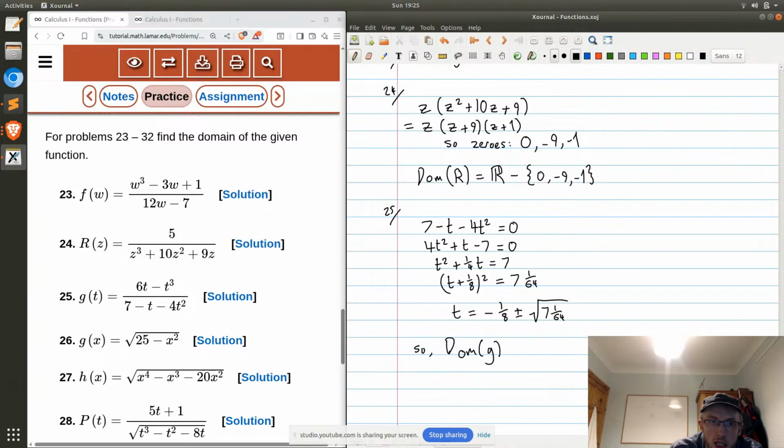So the domain of g is the reals, specifically excluding negative 1/8 minus that large square root. Let's actually do the courtesy of cleaning up that square root, yeah? So 7 times 64 is 448, so 449 on top and 64 on the bottom.